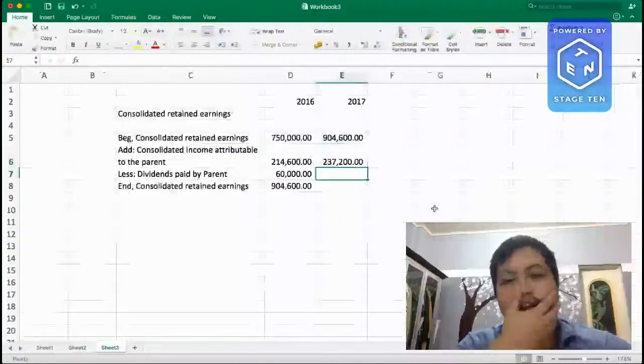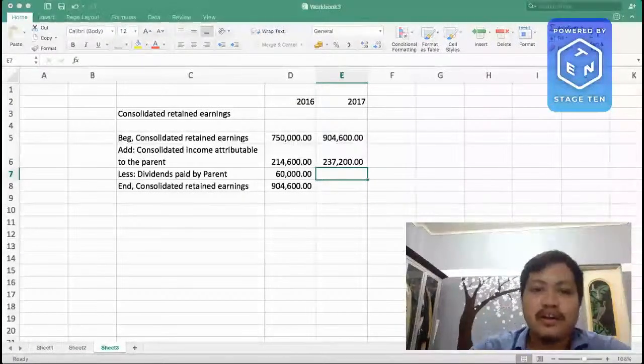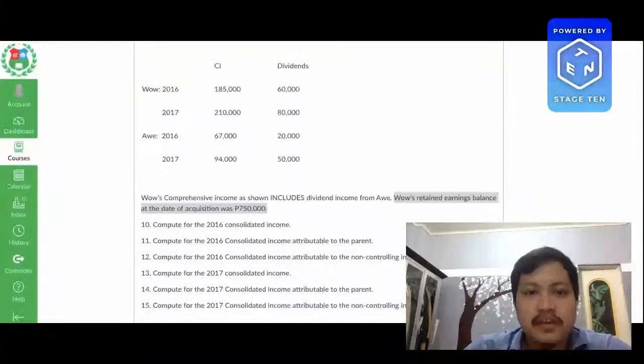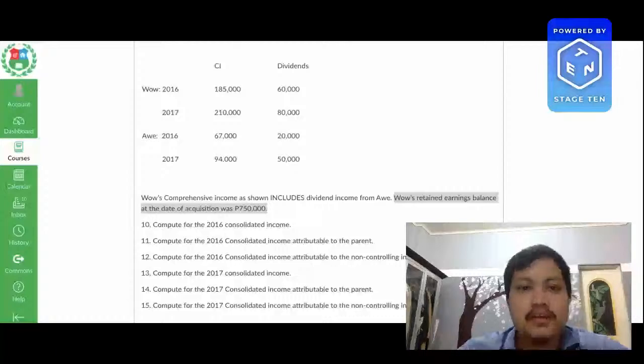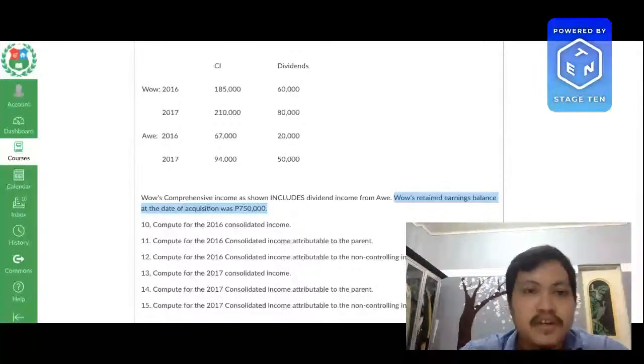Now, once you already have your consolidated income attributable to the parent, recall now how much were the dividends paid by the parent, class, in 2017. So in 2017, the parent paid out dividends in the amount of 80,000.